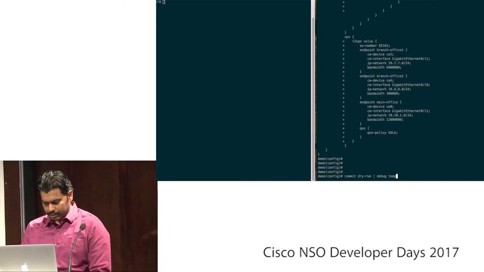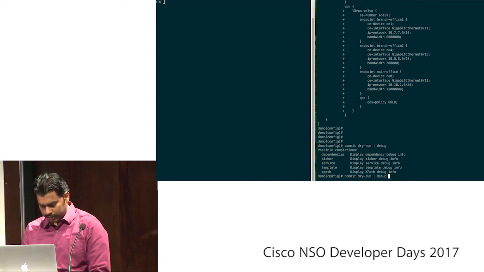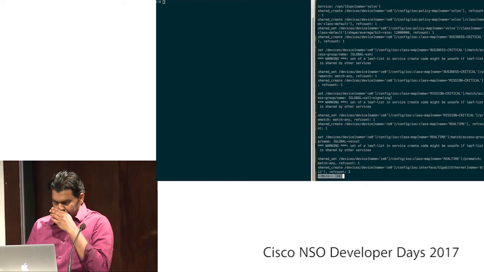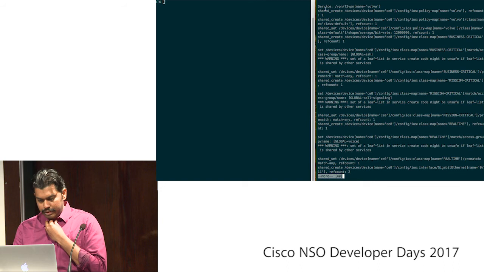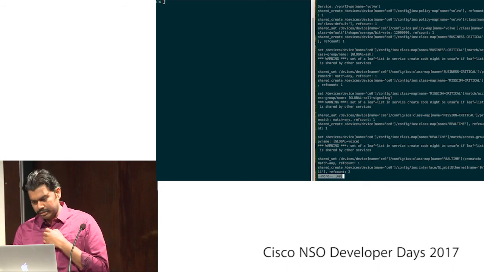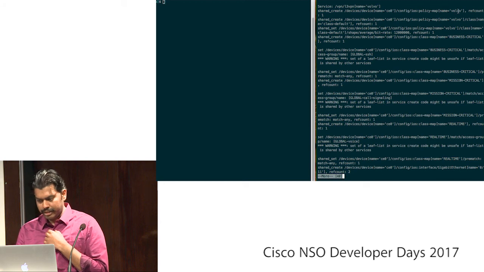And the same thing with the debug service will give you what the FASTMAP operations will do in this case. So here, the service will first shared create this under devices device config policy map.